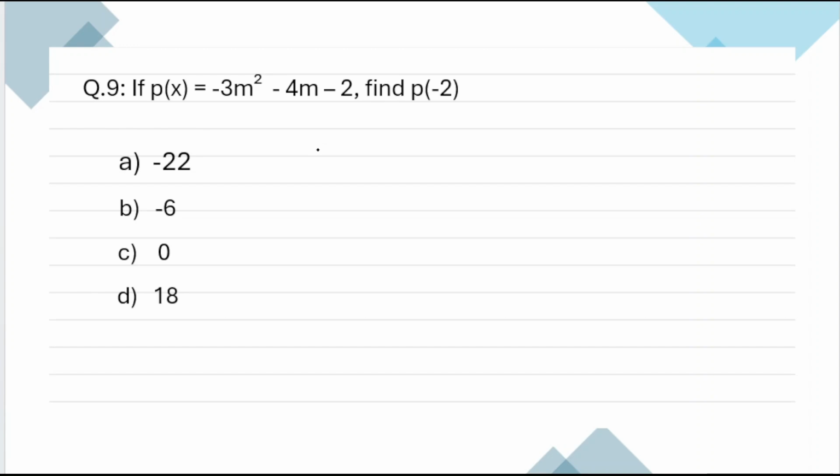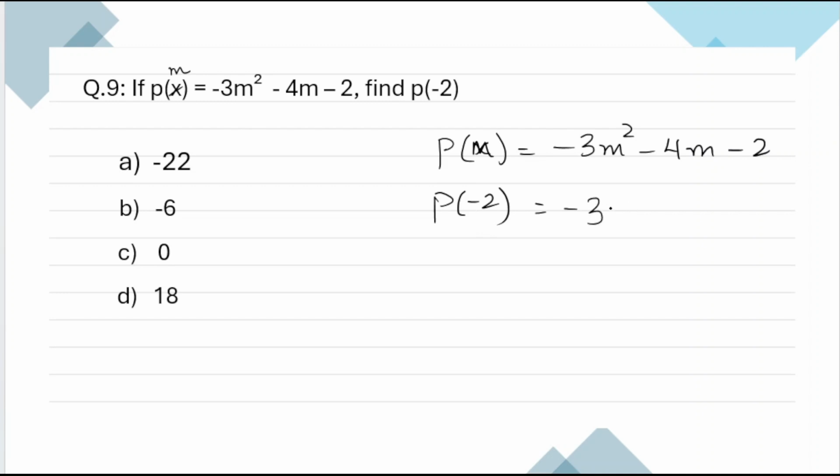If P(m) is equal to negative 3m square, negative 4m minus 2, find P of minus 2. So let's calculate it. Let's put x as minus 2. All right, it should be m. So let's put m as minus 2.